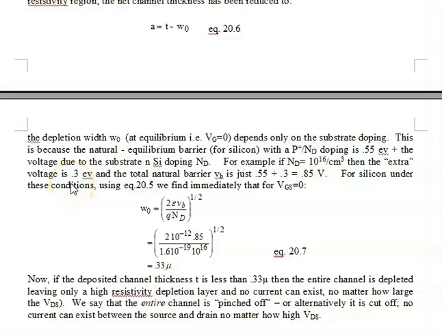This is actually incorrect. Let me correct this. This should be 10 to the 15th. Let me just put that in here. 10 to the 15th gives an extra 0.3. So 0.3 plus 0.55, 0.85. Put all that in and we get about 0.33 microns. And that's a pretty good number for the depletion width.